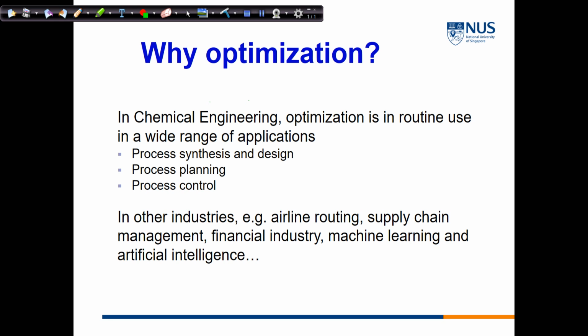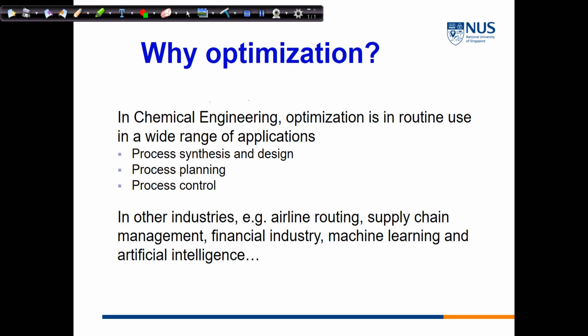And also in other industries, not limited to chem eng: if you study aerospace or logistics, the airline planning, supply chain management, especially in finance when you do portfolio management, and more broadly in the AI stage, machine learning and artificial intelligence, robotics, these all involve computing techniques, especially optimization.